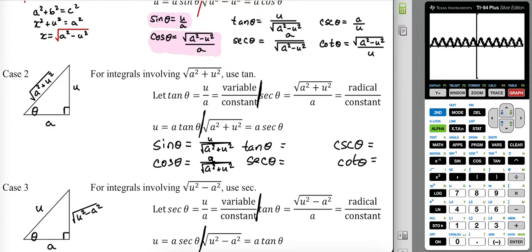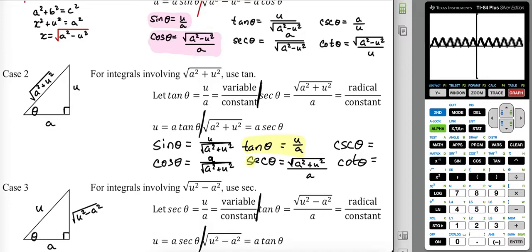Tangent we already knew, that's what we used to get started, u over a, so that's a keeper. Secant is hypotenuse over adjacent, so that's the reciprocal of cosine. That's radical to constant.